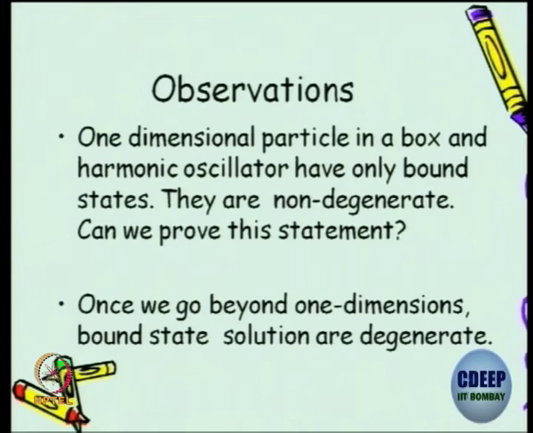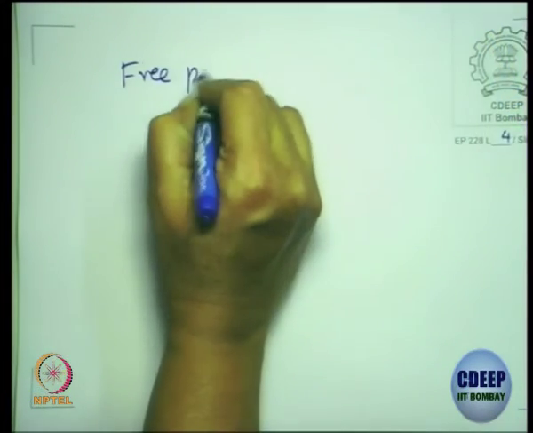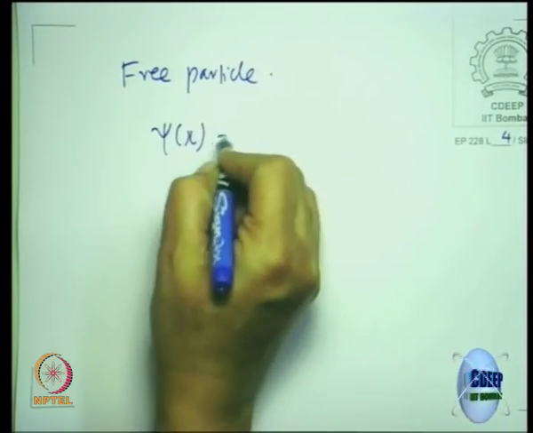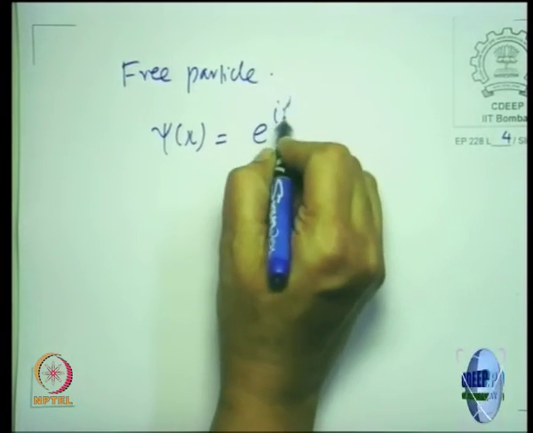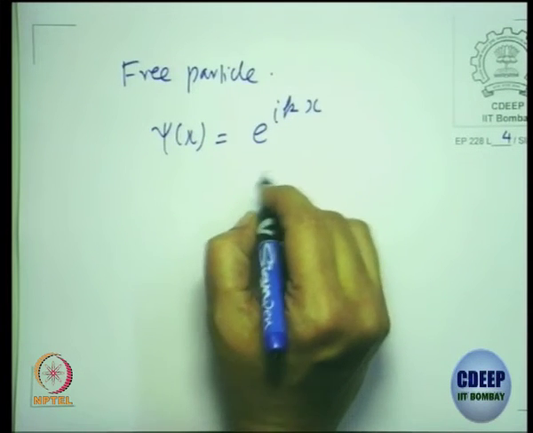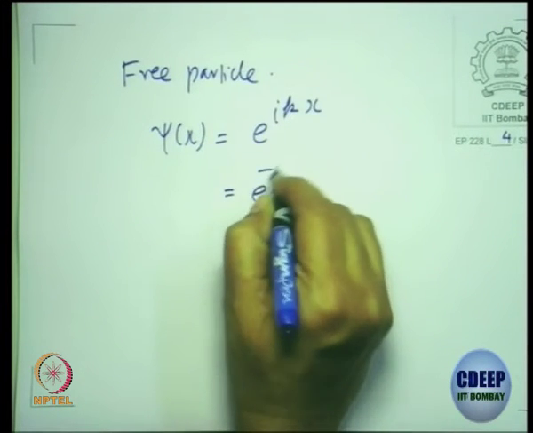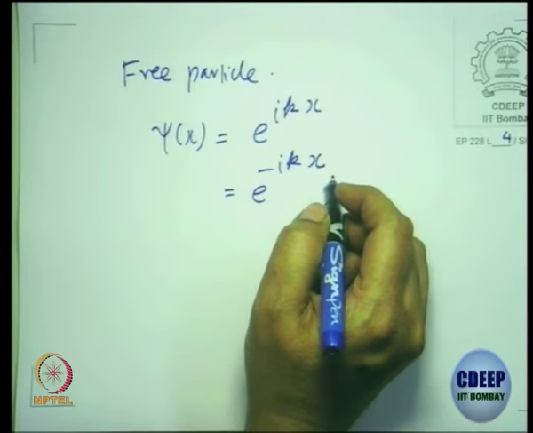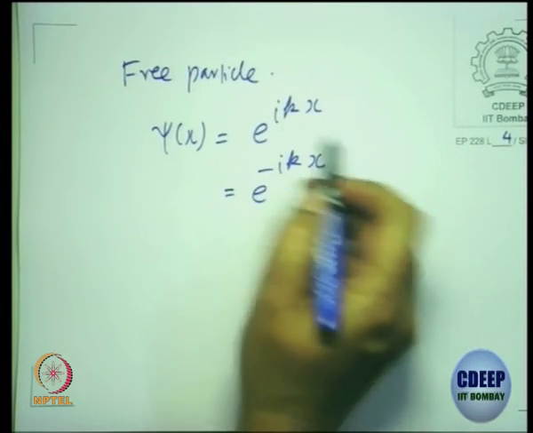Free particle solution psi of x could be e to the ikx, and can also be e to the minus ikx. They could be degenerate. These are scattering states, right?